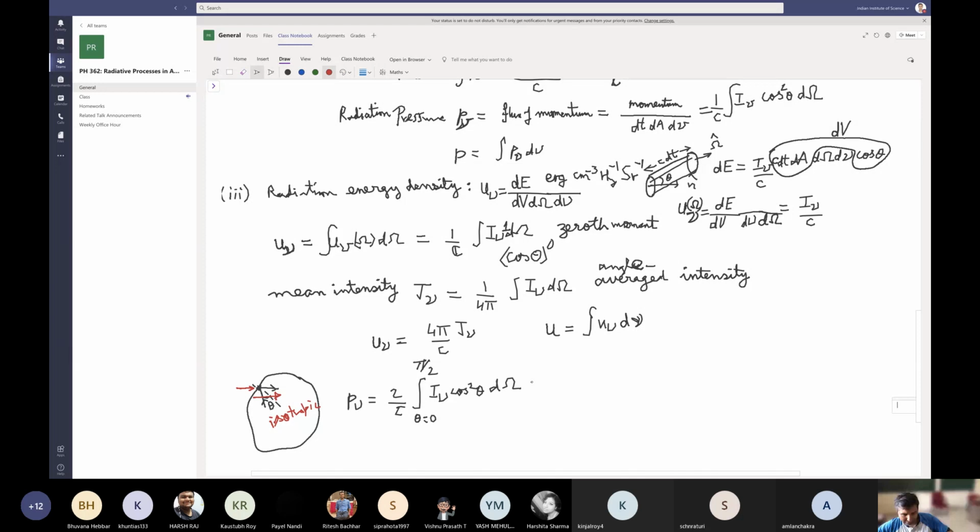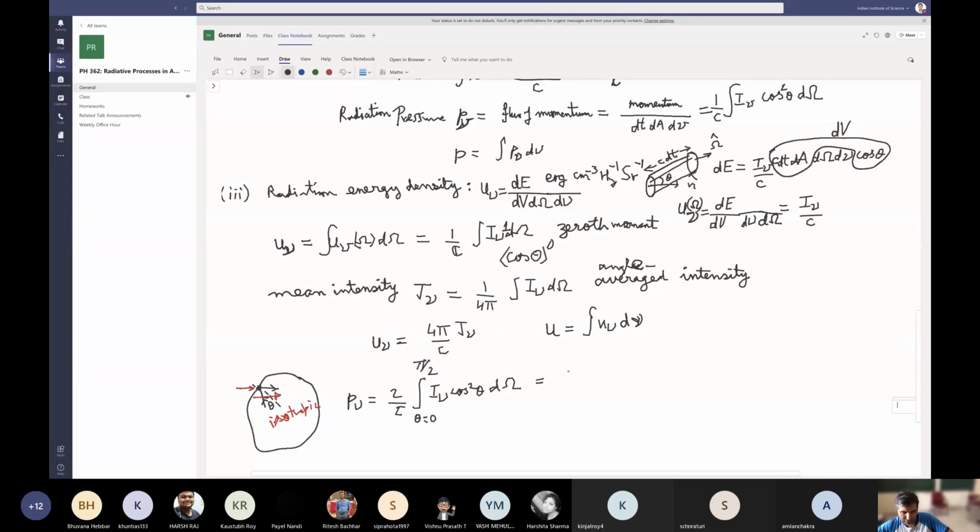Okay, so if it is an isotropic source, what happens in that case? I nu comes out, and you know that J nu is nothing but I nu if I nu is a constant, because if you just do this integral over d omega, it's just 4 pi.